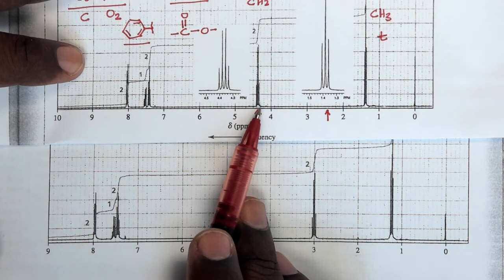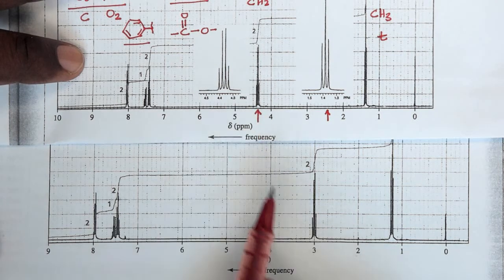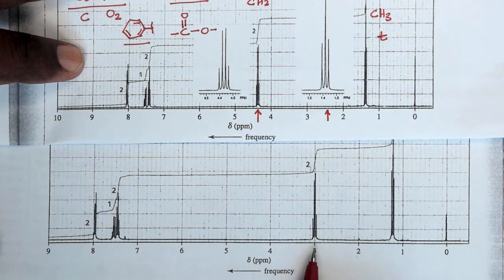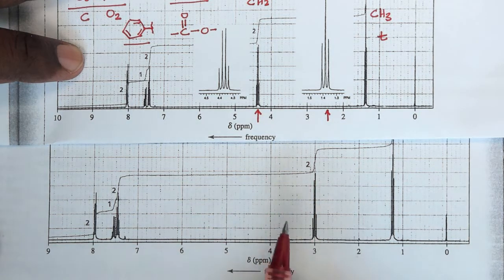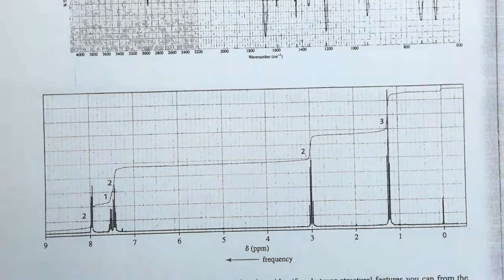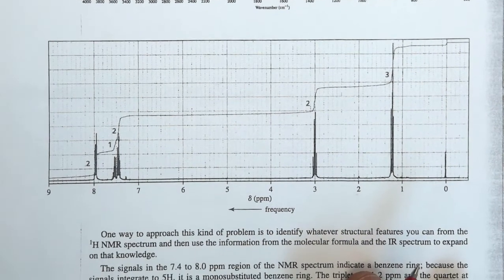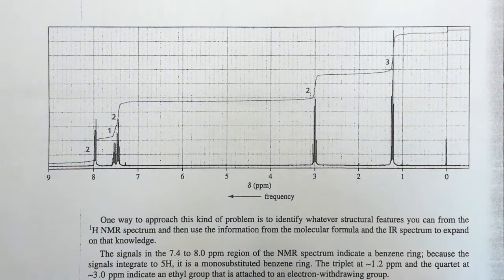In the example that we've just done, it was at 4.2, but now I have this quartet at around 3. So that's the difference between the two. You can expect the structures to look fairly similar. I'll take you through the entire structural elucidation of this so we can get an idea of how to solve it.